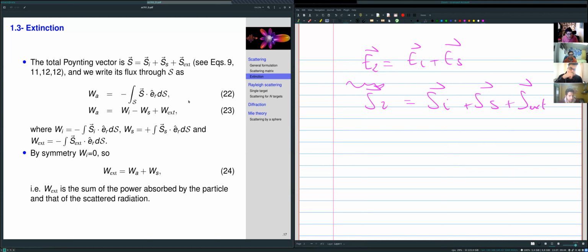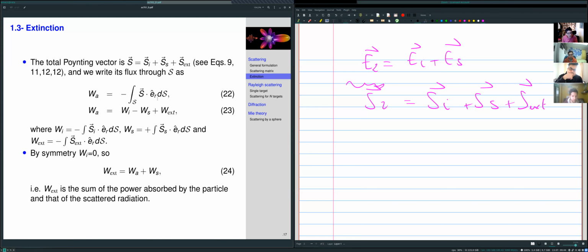We write the flux of the total Poynting vector, which is labeled S2 here, only labeled S in my slide. And the flux through A, with lower case a here, means the flux through the sphere, and it can be written thus. The e_r is parallel to the radius, so perpendicular to the surface of the sphere.